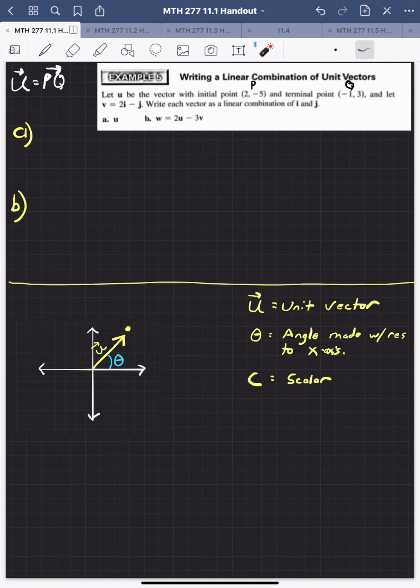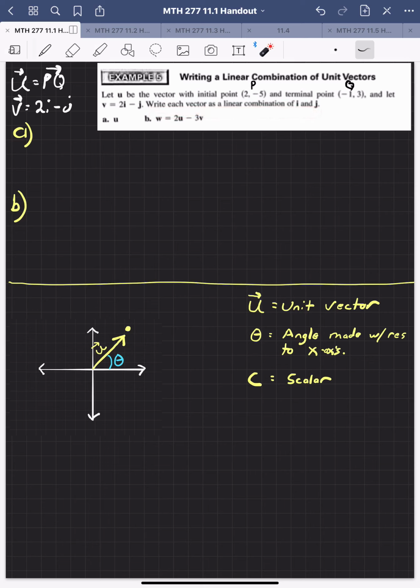All right, let's keep reading. And let v equal 2i minus j. So in this case, v is equal to 2i minus j. What is the task? What is it they want from us? Well, they want us to write each vector as a linear combination of i and j.